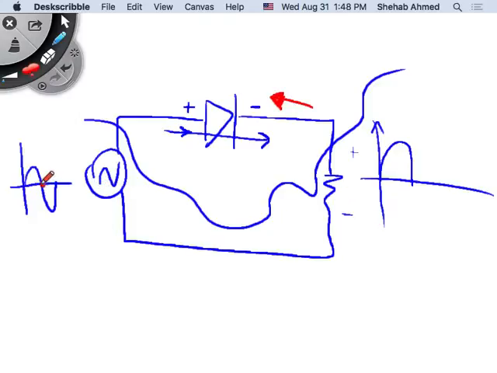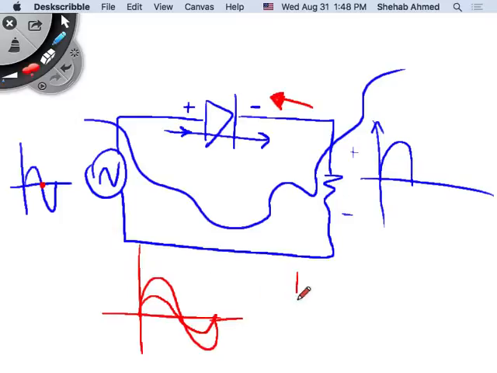So in the second half cycle, you remember, voltage and current across the capacitor are in phase, right? If you put a sinusoidal voltage, you will get a sinusoidal current. Exactly the same shape, in phase, but shifted in magnitude, correct? So what was the circuit trying to do? Initially it was putting a positive voltage.